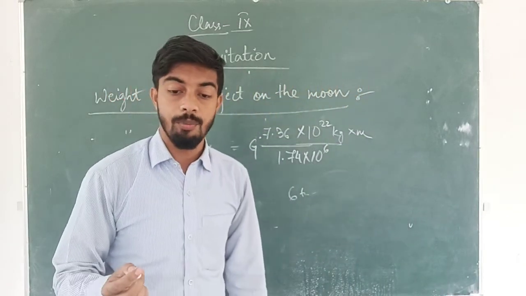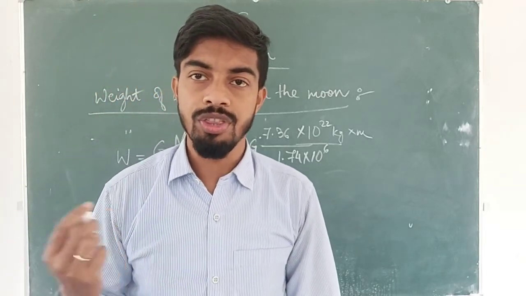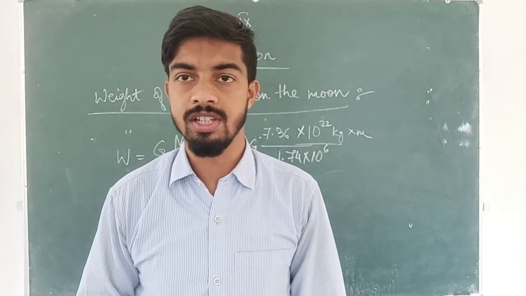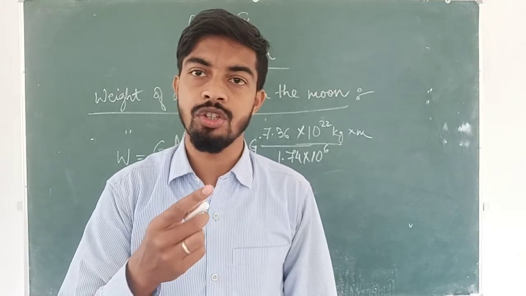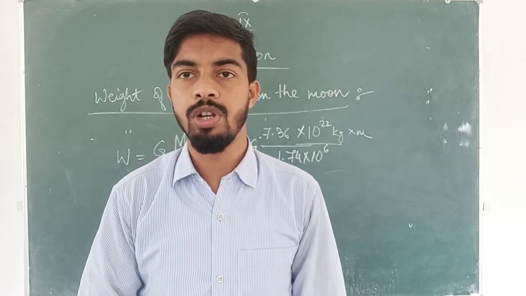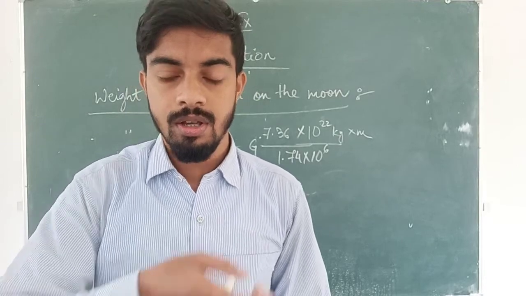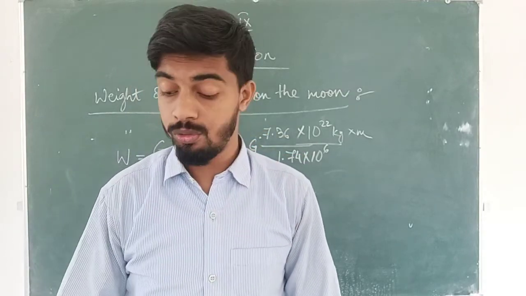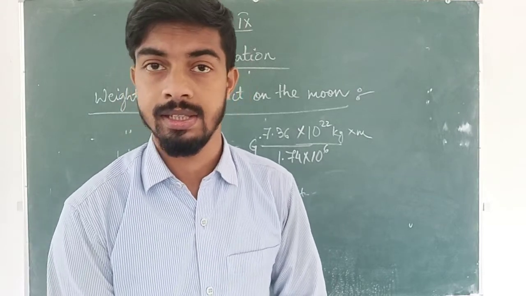So if an object on the earth is 60 kg, that object on the moon will weigh only 10 kg. And similarly, if an object is 60 kg on the moon, the same object will weigh 360 kg on our earth. So this is the ratio of the weight of an object between earth and moon, 1/6.